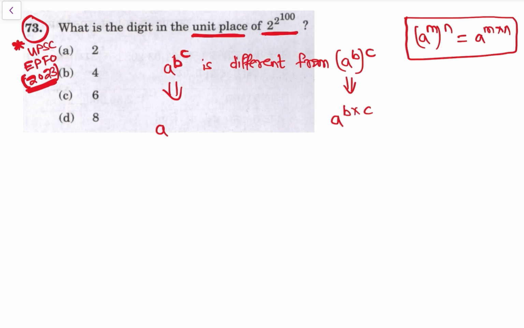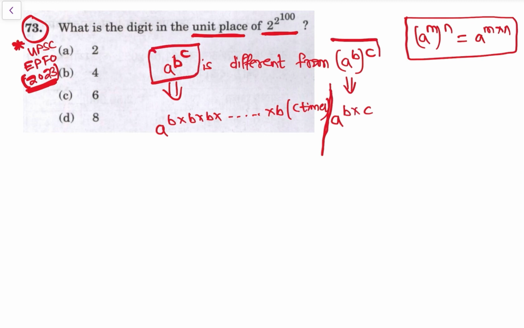So this is b into b into b and so on, c times. So these both are different. These both are not the same, not equal.